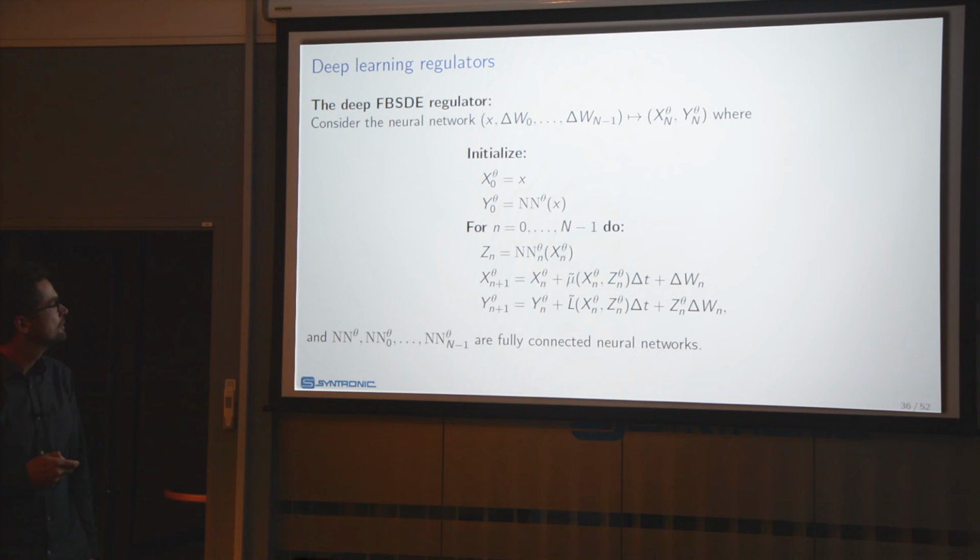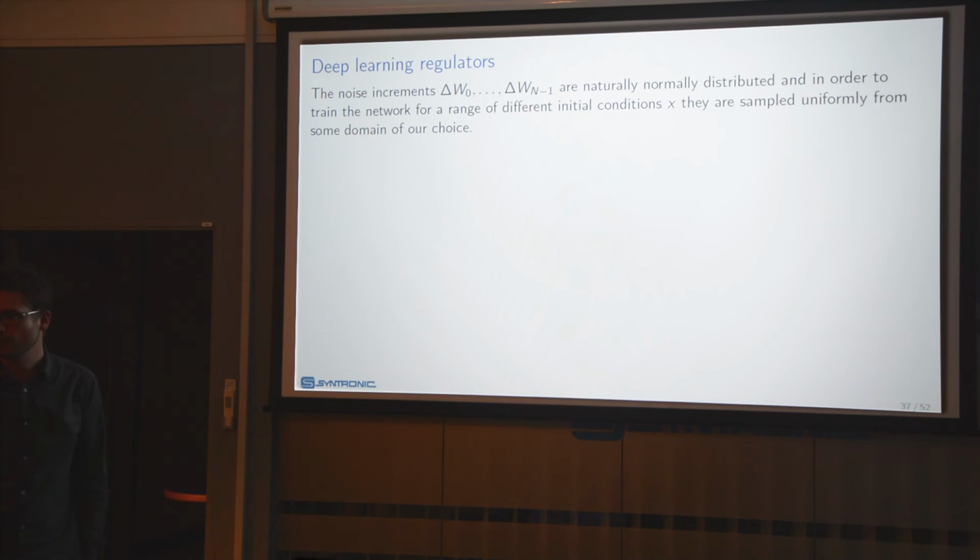Let's see. Yeah. So the noise increments are Gaussian. And we also wanted the pendulums to be able to have different initial angular velocities and different positions and so on, so that we can sample the initial value uniformly in some domain where we want to use the regulator.